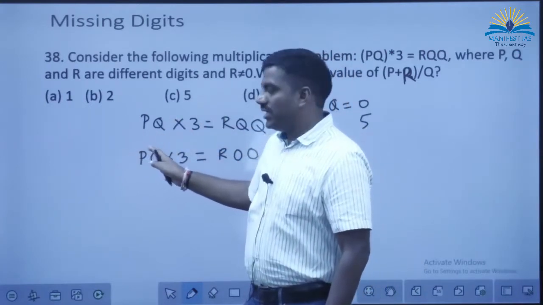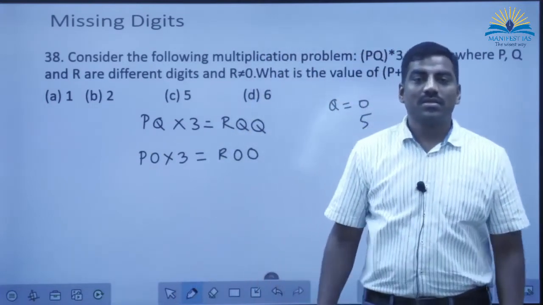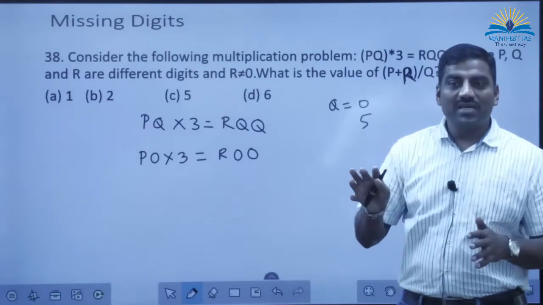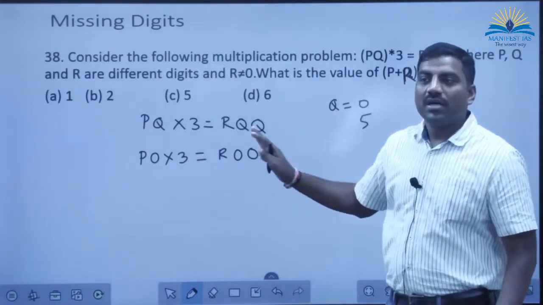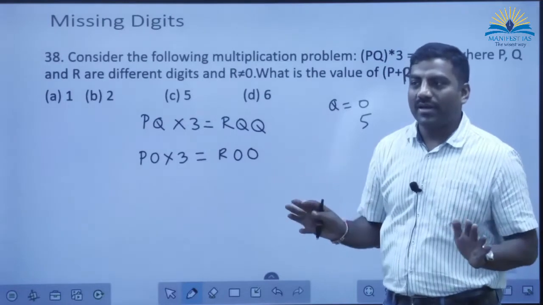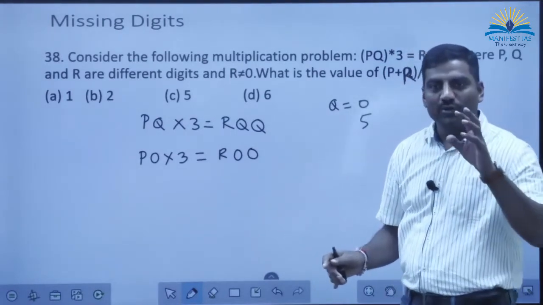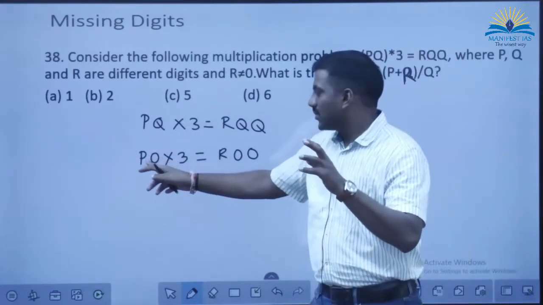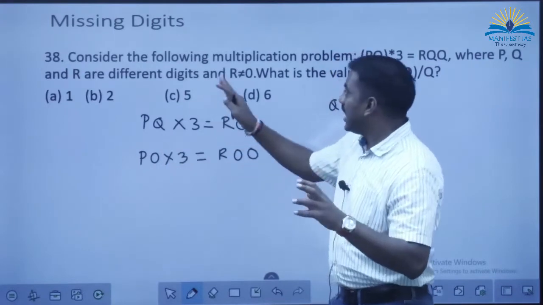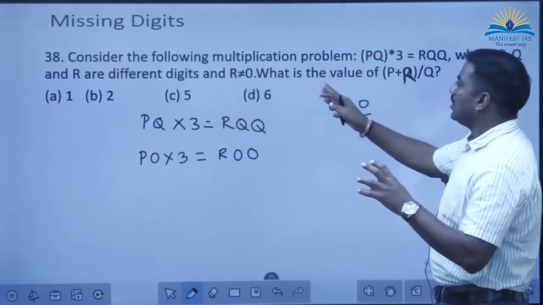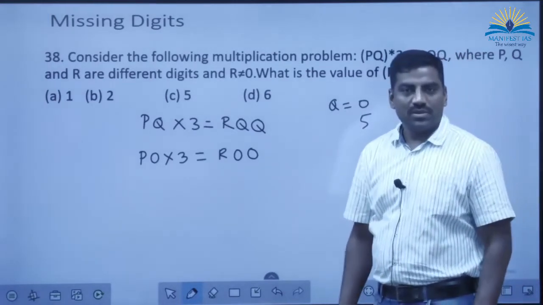How many values can P assume? I am asking a question not pertaining to this question. 10 values, right? From where to where? 0 to 9. Okay, consider the least value, 0. 0 into 3 is 0. They are telling what? They are not equal to 0. So 0 is not an option for us at all.